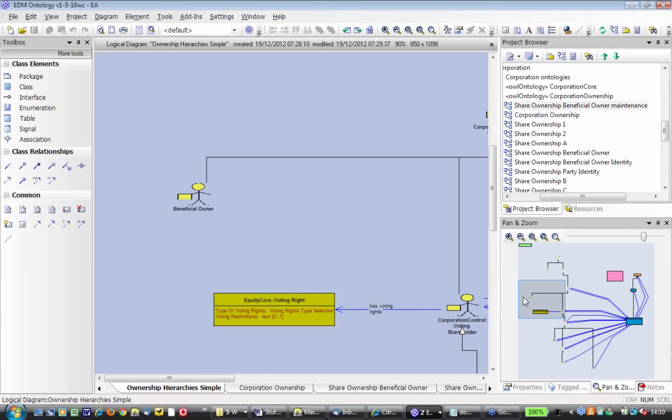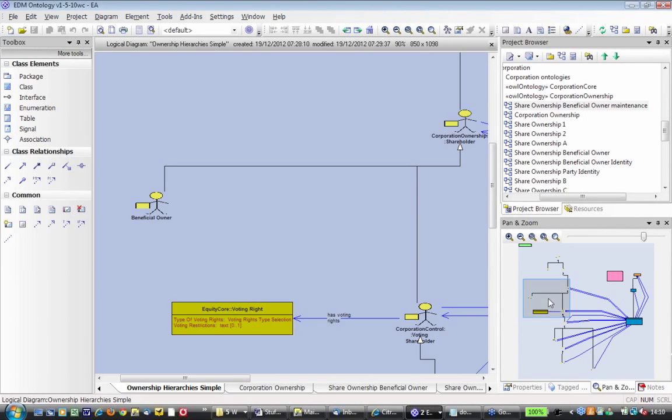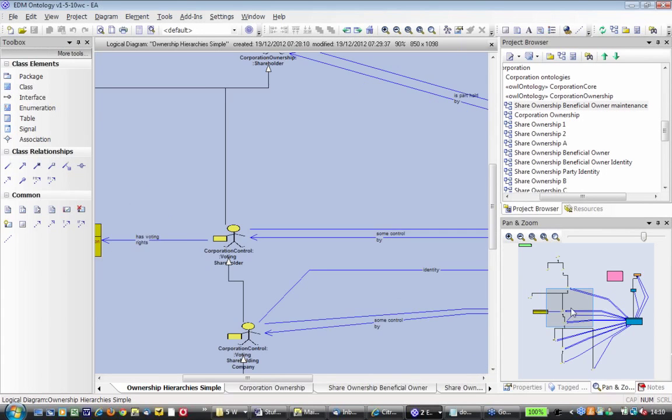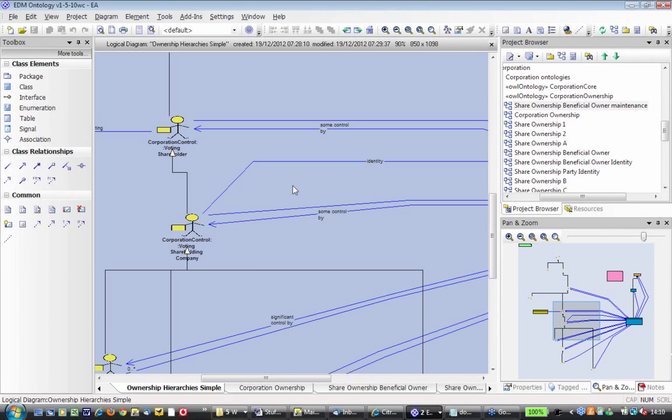So all of these controlling relationships we've talked about, I narrowed it down deliberately to cover what I think we're talking about most of the time, and that is ownership with control by a company. So this little blue line that says identity is saying that the party which has some shareholding in a company is itself a company. Now, clearly, as we've seen, anything can hold shares and anything can hold voting shares.